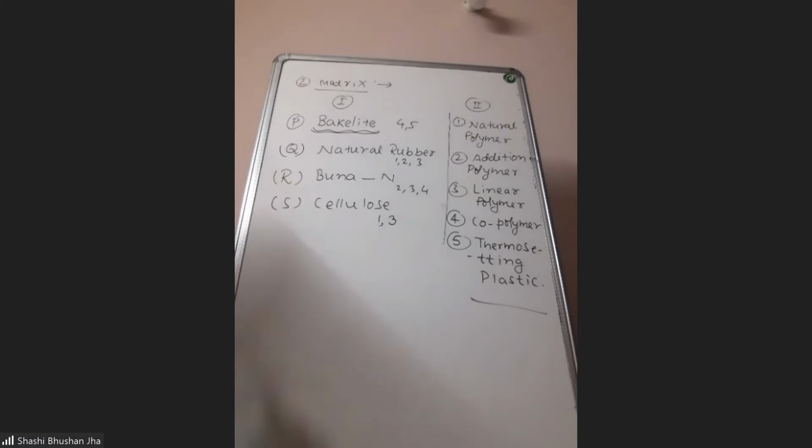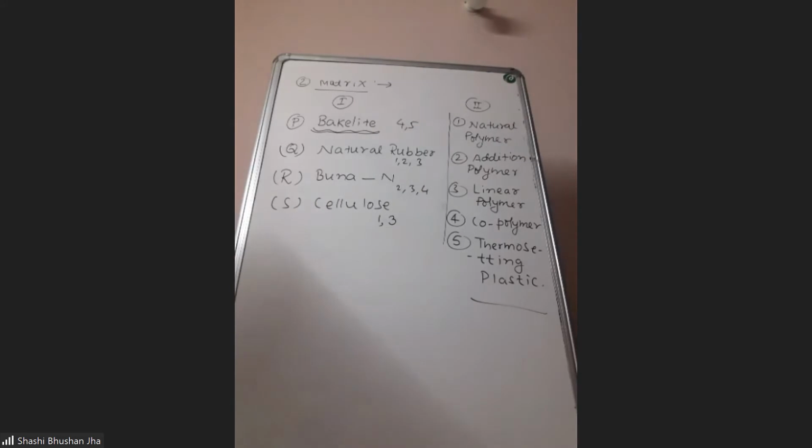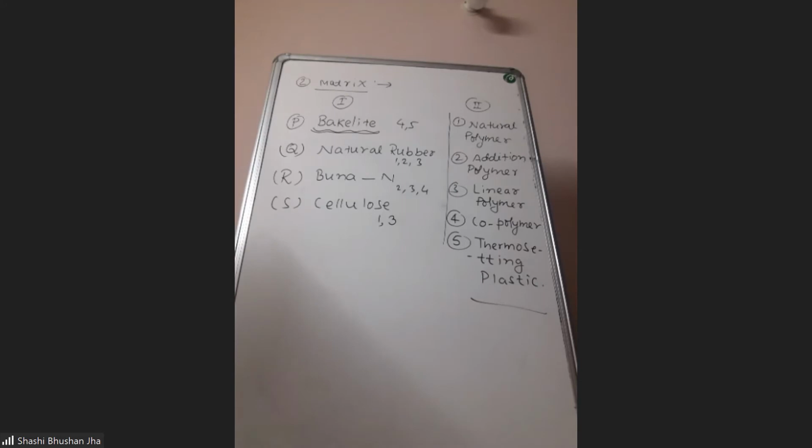Remaining all, natural rubber, this Buna-N, also called NBR, nitrile butadiene rubber, and cellulose, are linear polymers.